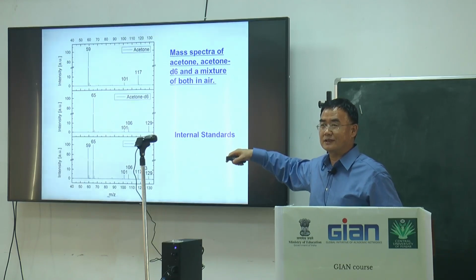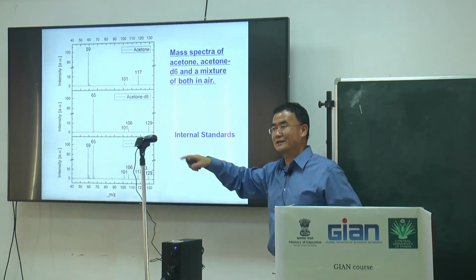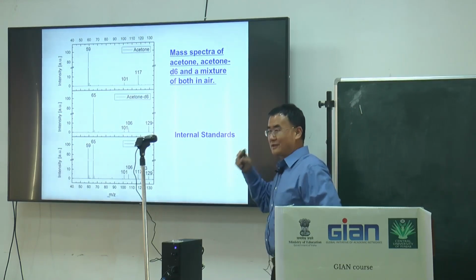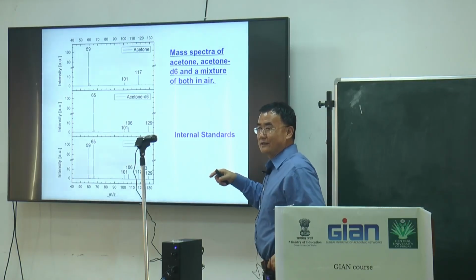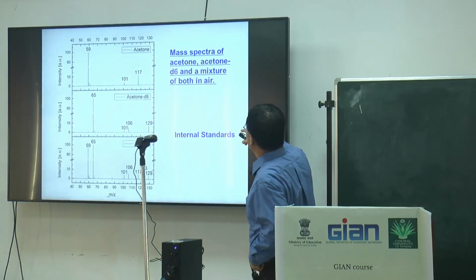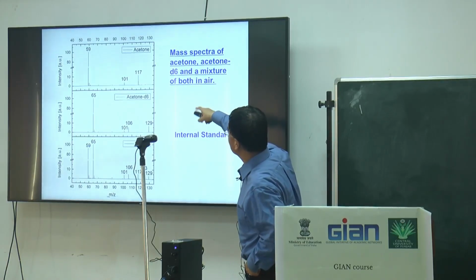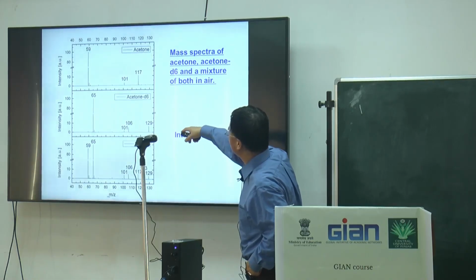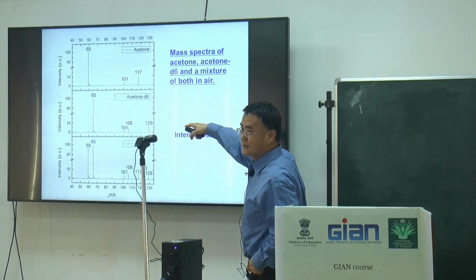You use those, also hydrogen and deuterium, the D6. For example, acetone-D6 has a different molecular weight, so you can see the difference.